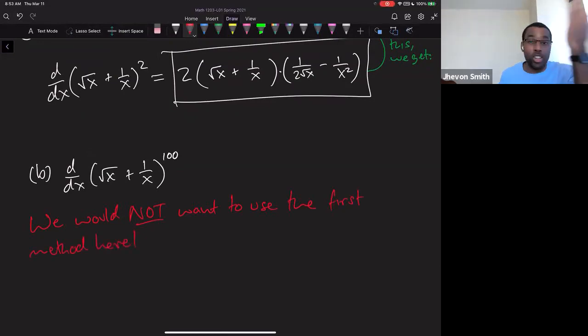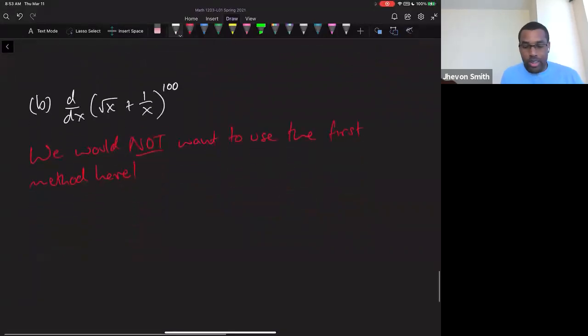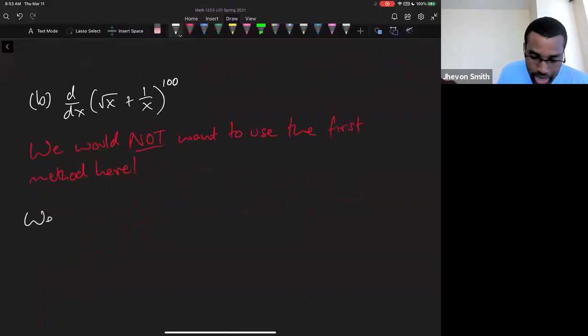You don't want to expand a 100th power. You're going to have 101 terms. It's going to take forever. Then you differentiate all those. It's not going to be fun. So you can use the chain rule. This is just an example to show you the power of the chain rule.